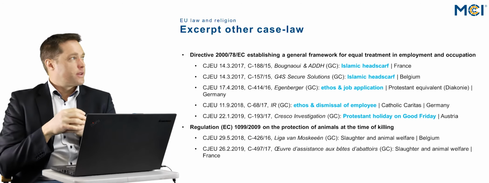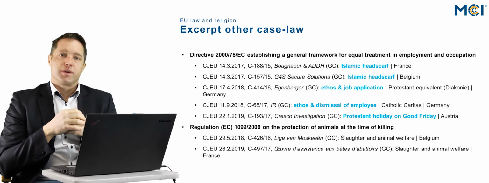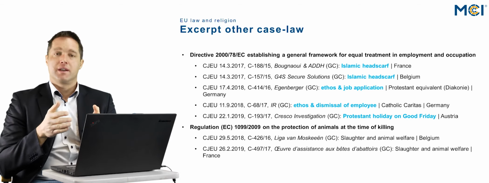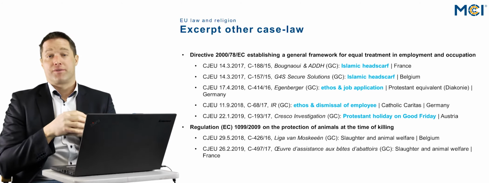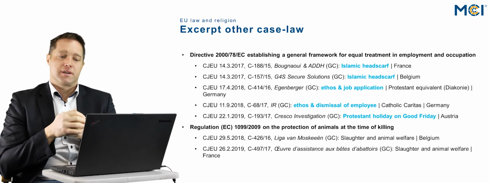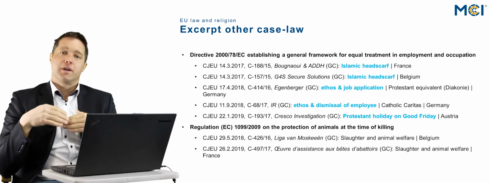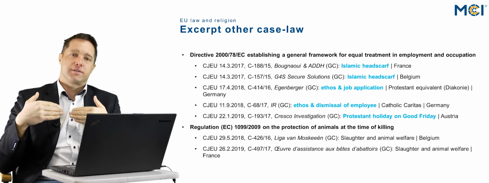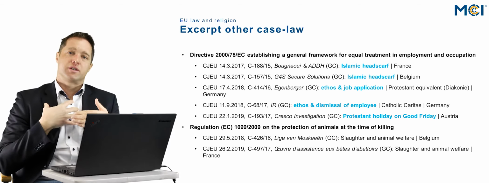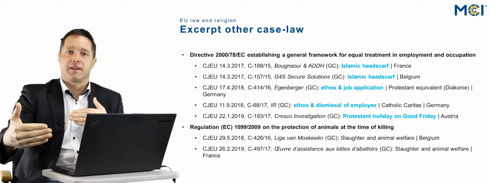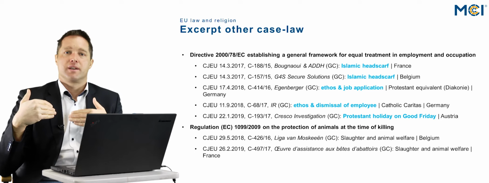As you can see from this overview showing some cases of the Court of Justice, there have been two cases which have been decided on the very same day, one taking place in France, the other in Belgium. We can also see that there have been two cases from Germany. Very interesting cases where the ethos, so your inner disposition with regard to religion, was a requirement for hiring someone, or in the other case, a reason for firing someone.